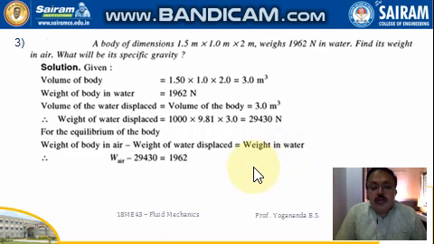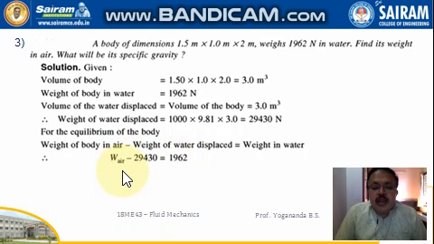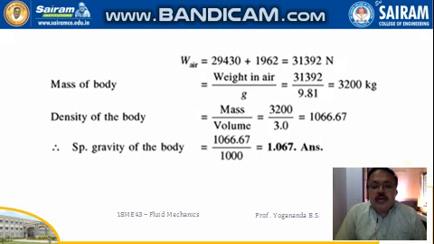So we are getting weight of the body in air, that is not known. Weight of the water displaced just now calculated. Weight in water is also given, 1962. So the weight of the body in air is calculated by taking this difference.